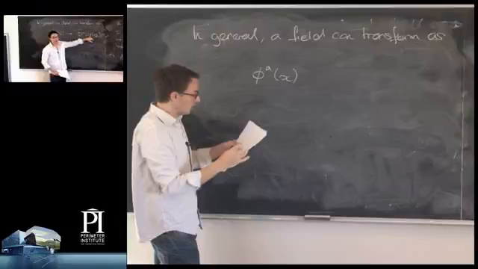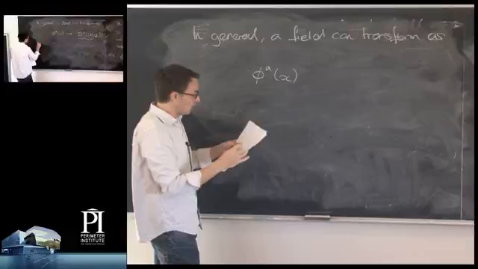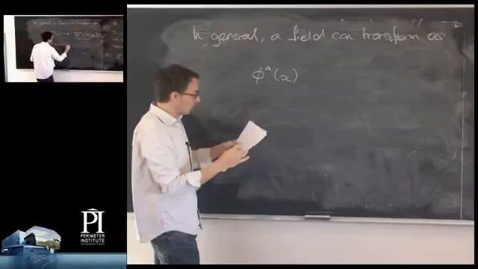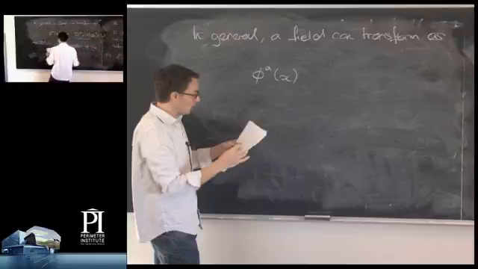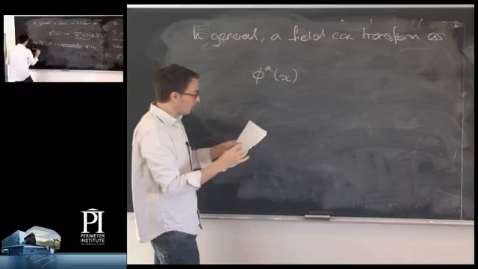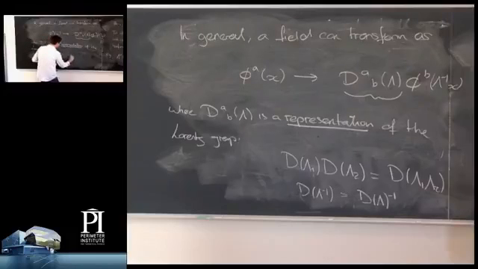The matrix should depend on which particular Lorentz transformation you're doing, and it should have certain properties. These properties are such that mathematically we would say that it's a representation of the Lorentz group. What does it mean that it's a representation of the Lorentz group? Well, basically, it just reflects all the multiplication properties of Lorentz transformations.